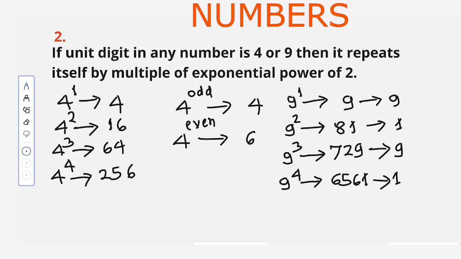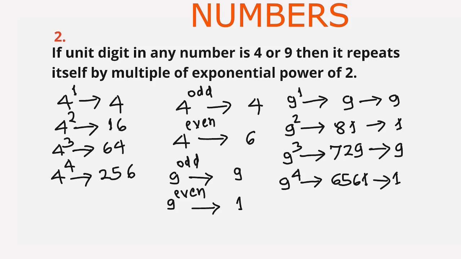So what we can conclude is, when 9 has an odd power, the 1's place is 9, and when the power of 9 is even, the 1's place in the expansion is 1. That is, the 1's place repeats itself by every power which is a multiple of 2.